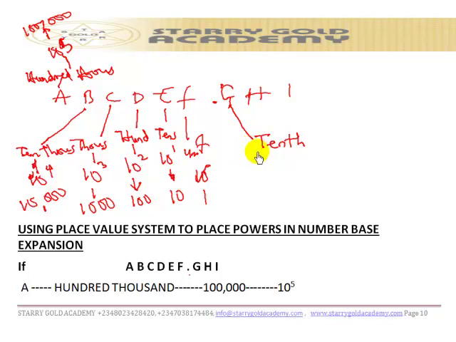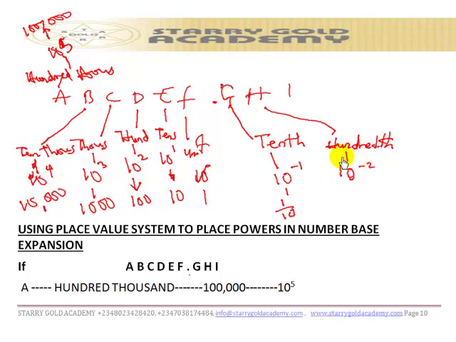So if tens is 10 raised power 1, then tenth is 10 raised power minus 1, and that is 1 over 10. Hundredth: if 100, the positive one, is 10 raised power 2, then this one is 10 raised power minus 2.